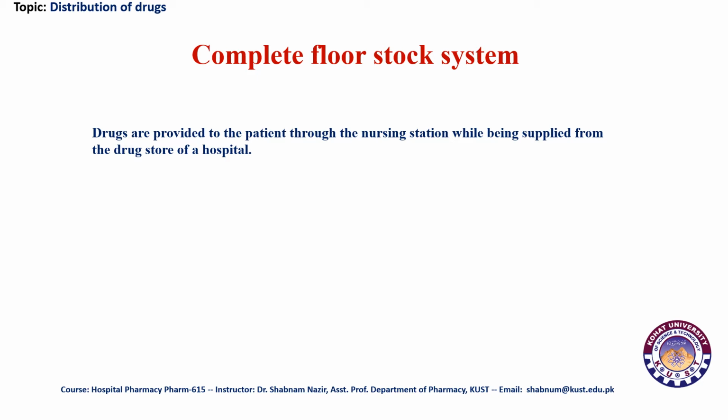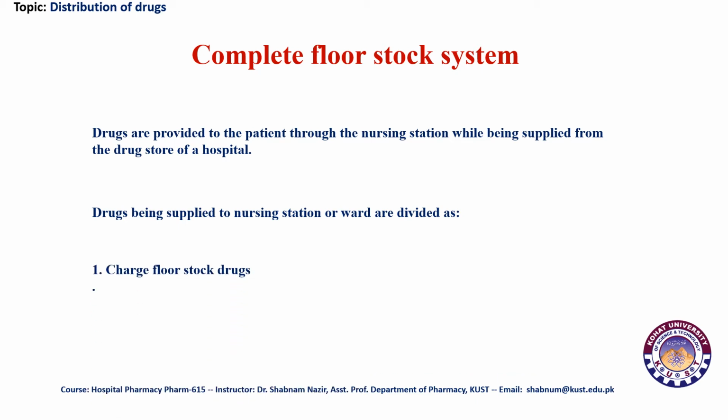In this case, selectively the prescriptions will be given to the pharmacist, and usually a small bulk of drugs is supplied to nursing stations, which are usually present on the inpatient or ward floors. Drugs being supplied to the nursing station or ward are divided as charged floor stock drugs and non-charged floor stock drugs.